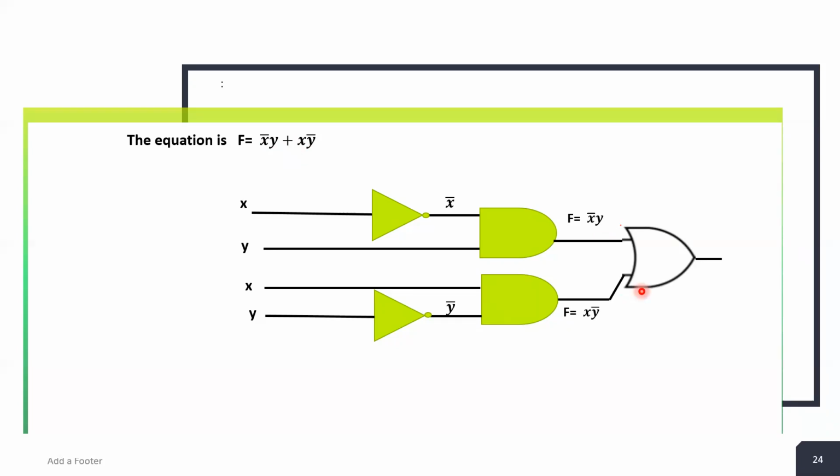Okay. So when we connect it, automatically you get the values: F is equal to X complement Y plus X Y complement, like this. Clear? The concept is clear now: how to draw the circuits according to equations.